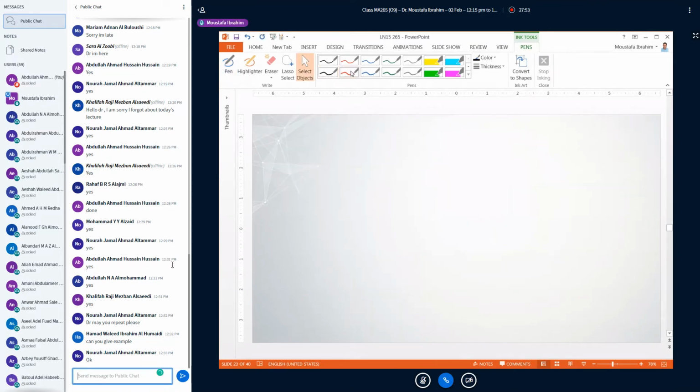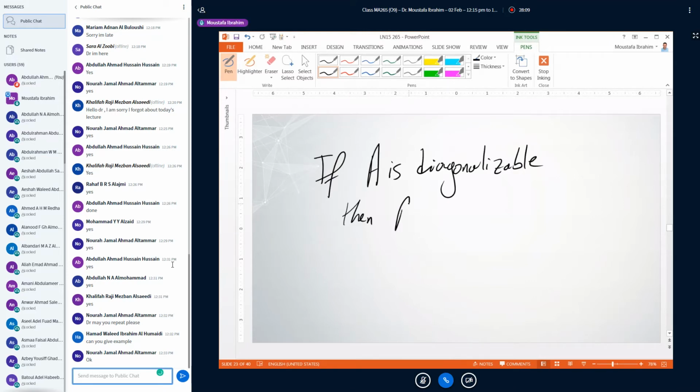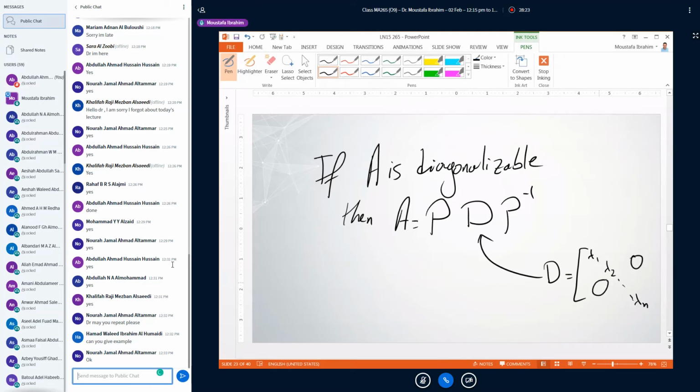Now, assume A is diagonalizable. Now we know what diagonalizable means. If A is diagonalizable, then we can write A as P D P minus 1. How to get D? It's simple, guys. You put all eigenvalues on the main diagonal, and 0 elsewhere. And how to get P?